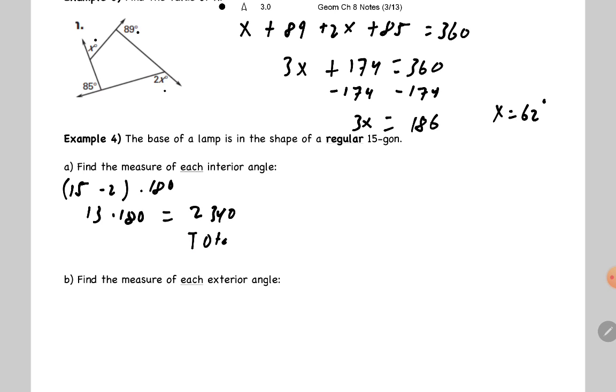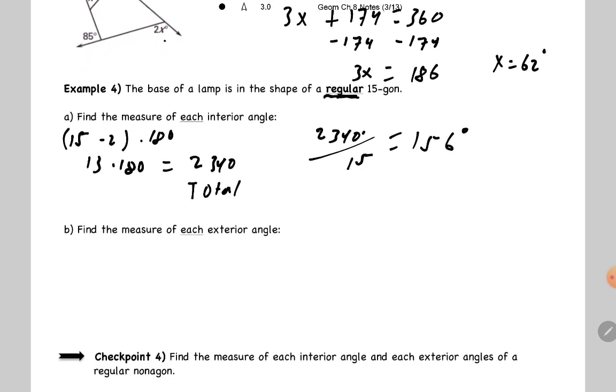This is the total. Because it's regular, all the interior angles are the same. So I'm going to take that 2,340 and divide it by 15, because there are 15 angles. That'll give me 156 degrees for each angle.